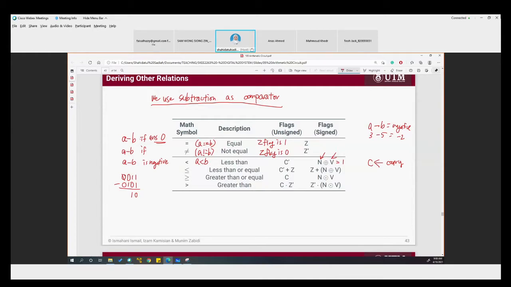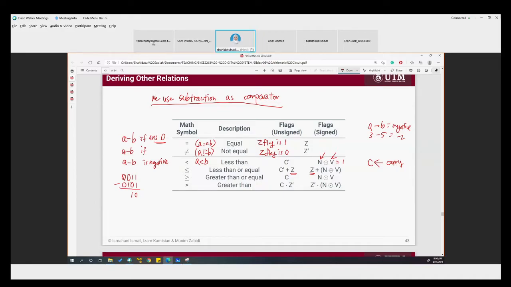Okay, and then if we want to check if it is less or equal, we check together with Z. Z will check whether the subtraction result is really zero or not. The other way around is for greater than.